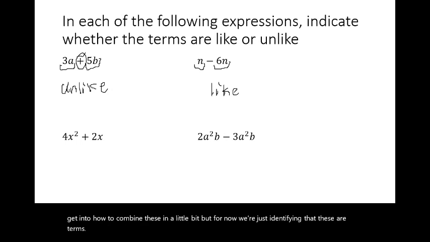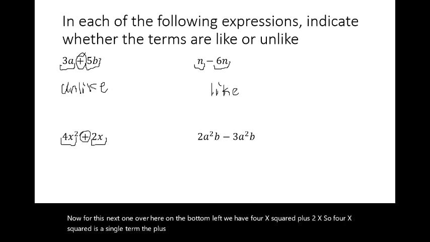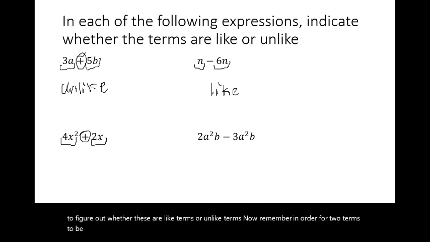Now for this next one over here on the bottom left, we have 4x squared plus 2x. So 4x squared is a single term. The plus sign separates them, and 2x is its own term. So we're going to figure out whether these are like terms or unlike terms. Now remember, in order for two terms to be like terms, they need to have the same variable to the same power.